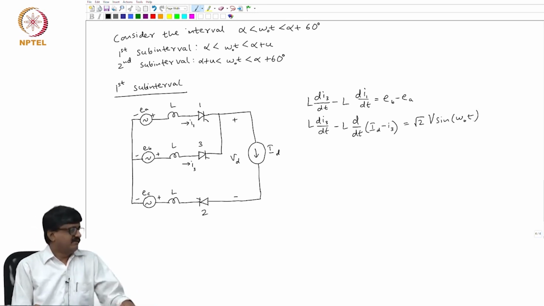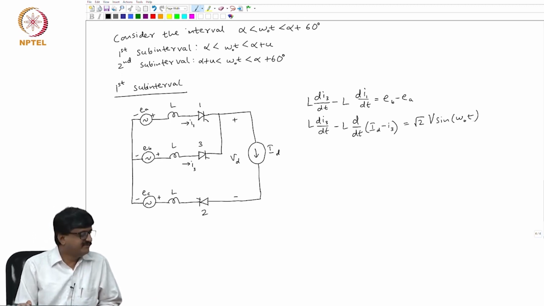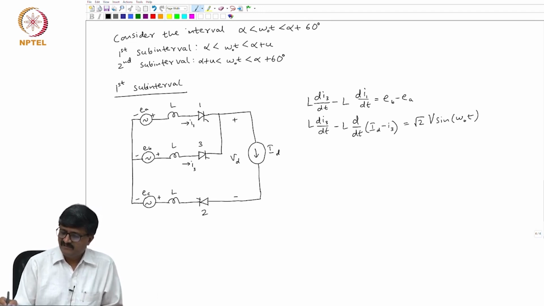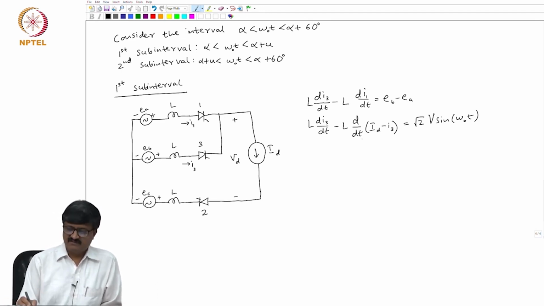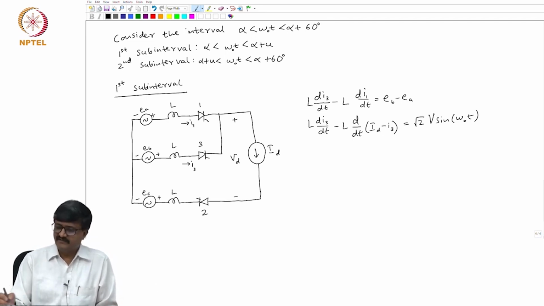So, I can try to solve this. This is a differential equation in I3. So, solve this differential equation for I3. That's all. So, this can be simplified. Id is a constant. Please note our representation of the DC side is a constant current source. So, Id is a constant and its derivative is 0.